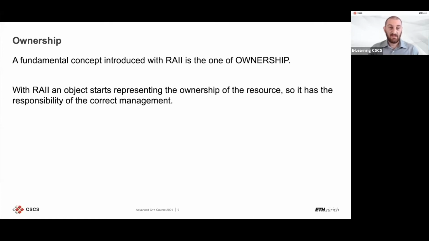In fact, with RAII, an object starts representing the ownership of the resource. So it has the responsibility of the correct management. But having the ownership of the resource means that we can think of the object itself as the resource. So we can deal with the object instead of thinking, I have to release the resource, I have to manage the resource directly.